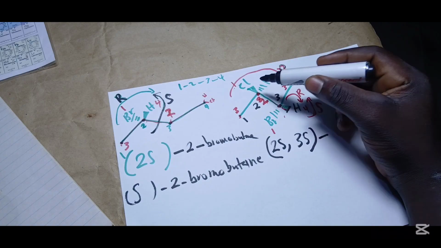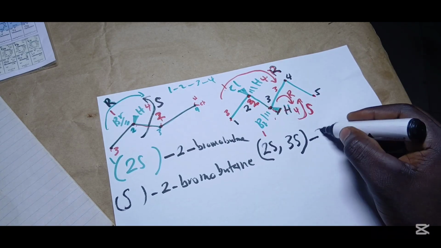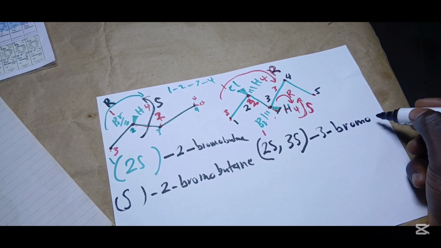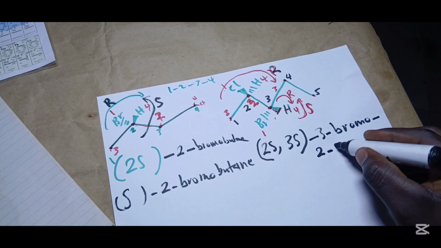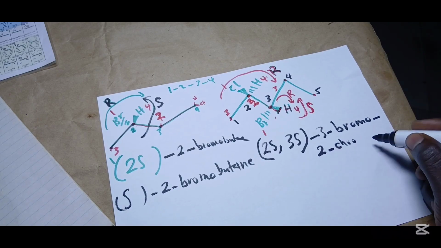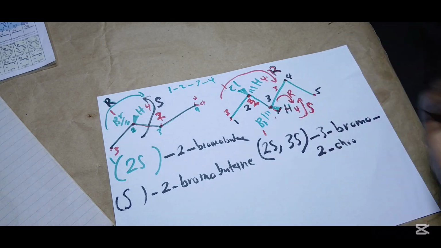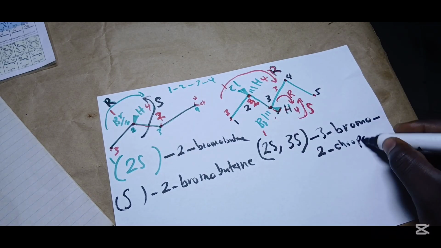B comes first before C. So we are going to have 3-bromo. Then after that, bring dash, carbon number 2, we have 2-chloro. We are done with all the substituents attached to it. For hydrogens, we don't count them. Chloro, and this is a pentene.